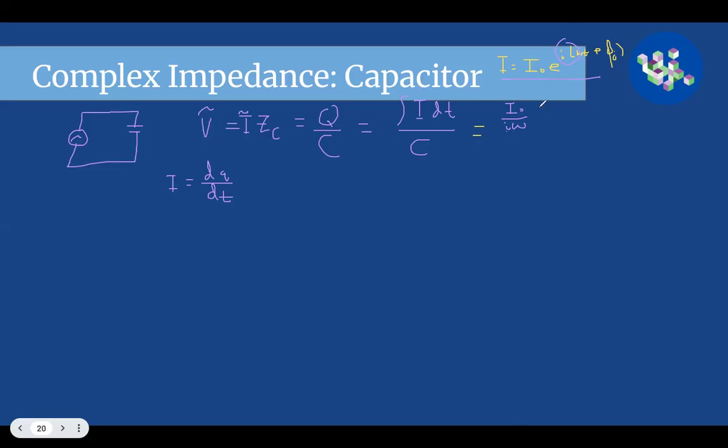So I zero divided by i omega times e to the i omega t plus phi I. And then after that, I divide by C. Notice I zero e to the i omega t plus phi I is just equal to my current as a function of time. So this just equals current divided by i omega C.